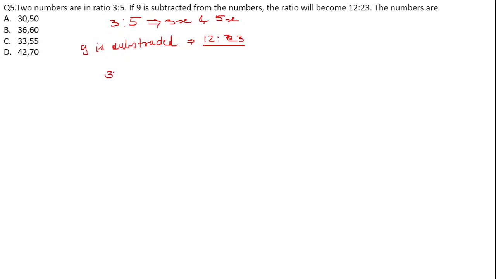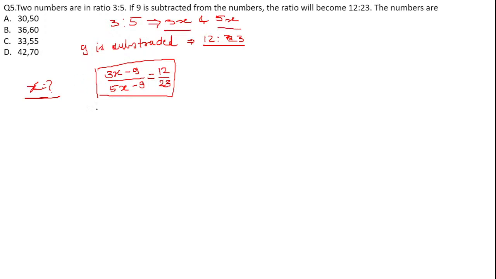So we can write it down as 3x minus 9 and then 5x minus 9. After doing this we got the ratio as 12:23. Correct? Now this equation we have to solve. We have created one equation from which we can find out the value of x. Okay, so x is basically common. After we find x, we can find these two numbers, 3x and 5x.